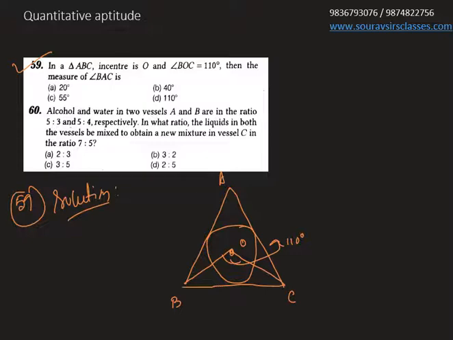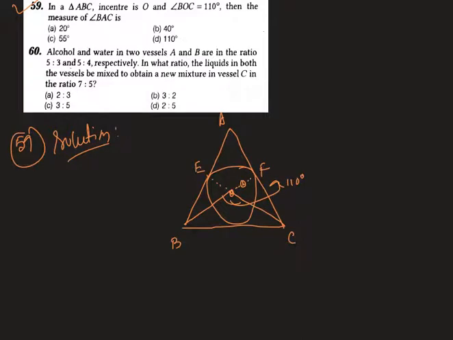Now we join O and F and O and E, where F is a point on AC and E is a point on AB. Now we assume that angle OBC is equal to angle OCB is equal to x degrees.